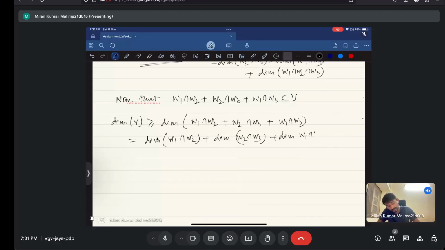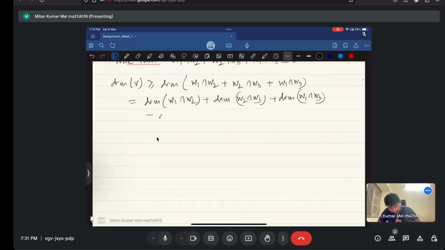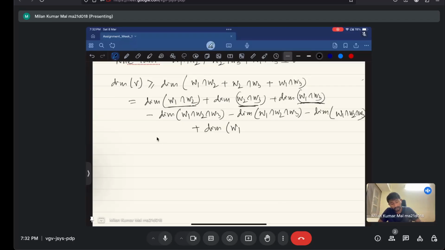Okay, so minus dimension of W1 intersection W2 intersected with W2 intersection W3, that is the intersection W1 W2 W3, minus dimension of W2 intersection W3 intersected with W1 intersection W2, that is again W1 W2 W3, minus dimension of W1 intersection W2 intersected with W1 intersection W3, and plus dimension of the triple intersection, that is again W1 intersection W2 intersection W3.